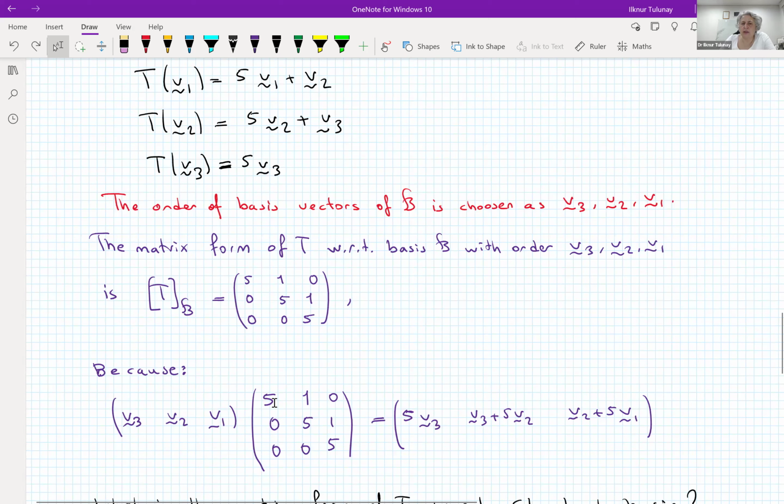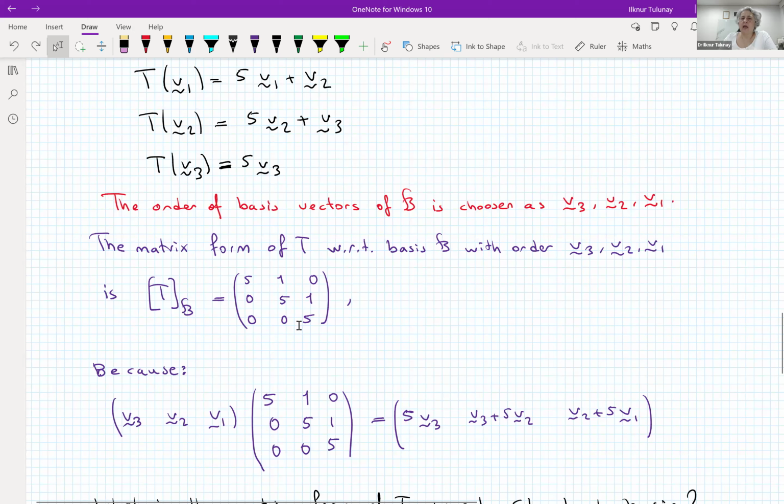So the first component is 0, the second is 1, the last one is 5. I think this part is clear. We've done this before. What we have here is the matrix form for this linear transformation T with respect to the basis B with order V3, V2, V1.